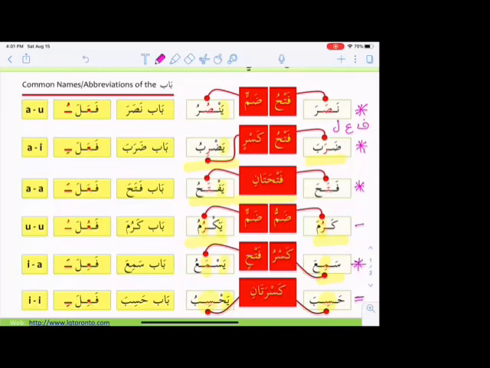So, fa kalima, ain kalima, lam kalima, or first radical, second radical, third radical. In the ain kalima, the action takes place. The fa kalima will have a fatha, the lam kalima will have a fatha, but the ain kalima can have a fatha, a kasra, or a dhamma.